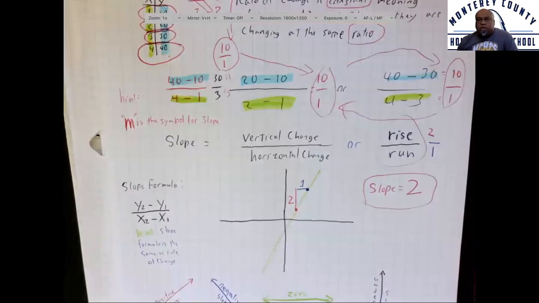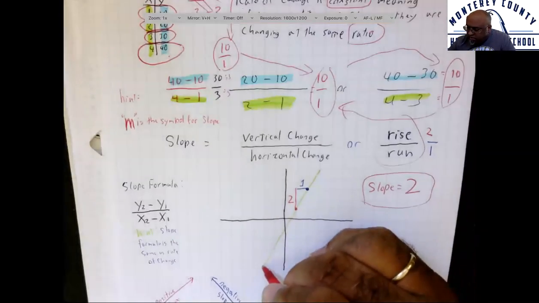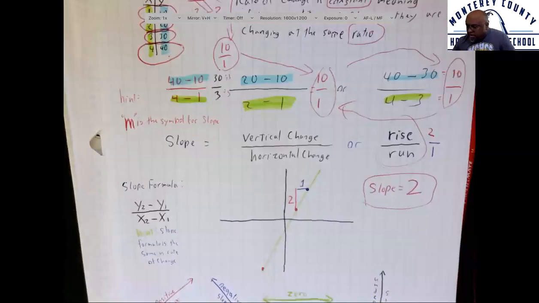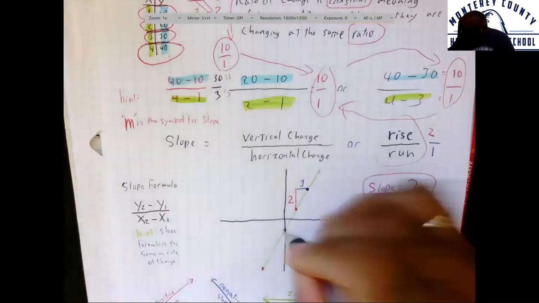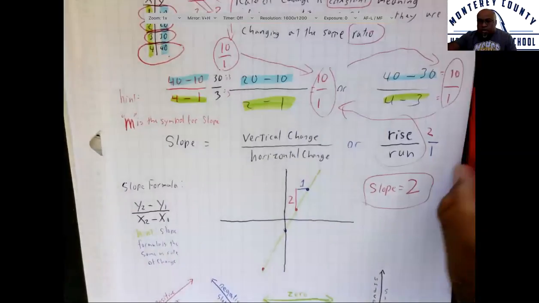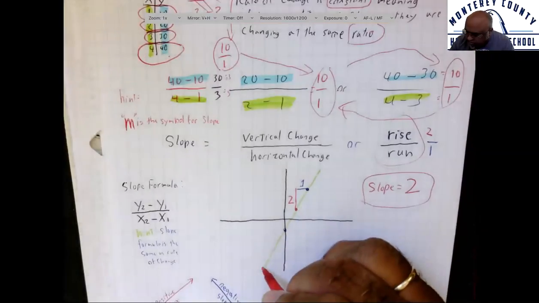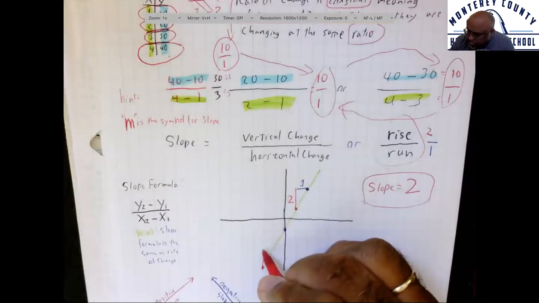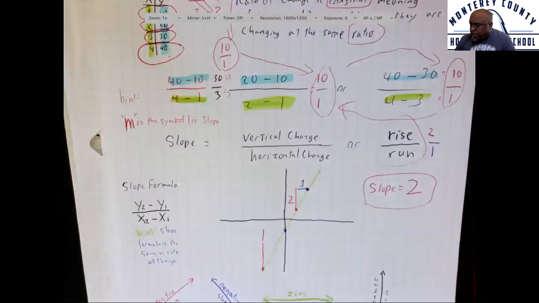Now, what if I picked different points? Okay, so let me start with a point all the way down here. And let's go up to this point right here. All right, so again, starting with the red, I'm going to do my rise first. 1, 2, 3, 4 spaces up.